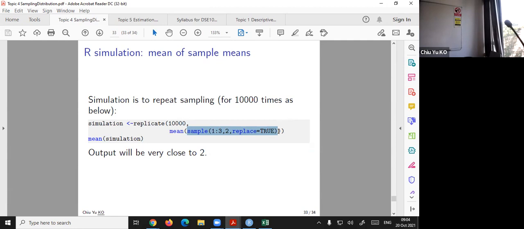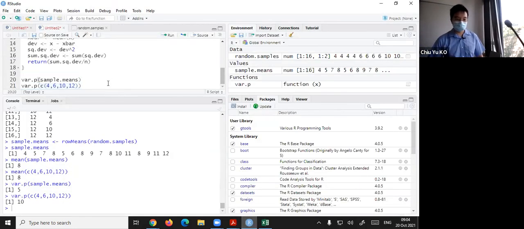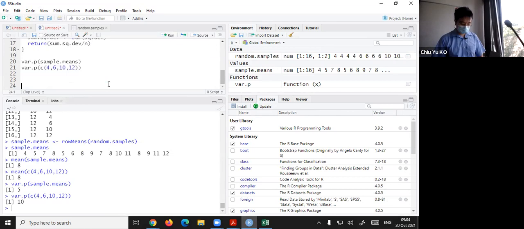Let me show it here first. Sample 1 up to 3, I draw 2, and I set replace equal to TRUE.